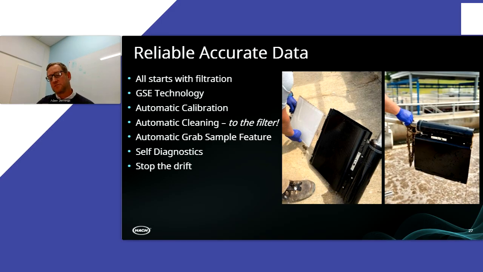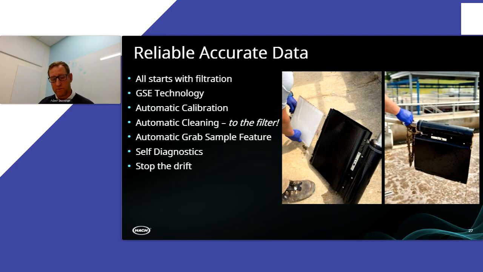You want to field filter those samples right away and make sure that there's no more biological activity happening on the long drive back to the lab. And if we don't filter it, some folks will put it on a counter, wait for it to settle, then take a sample. All of those things introduce error, and can also produce a situation where your lab sample isn't matching your grab sample.